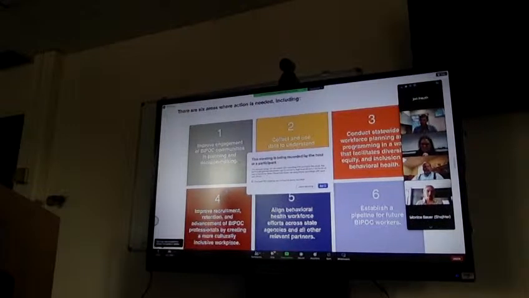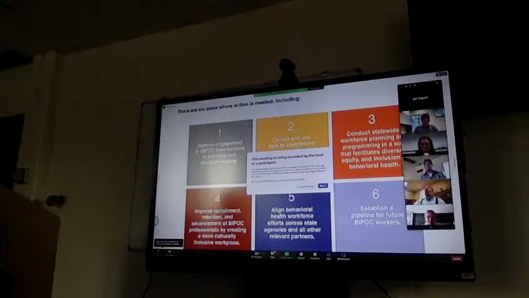So getting in with the different boards and doing interviews and speaking with the workers, getting down to grassroots on the ground, folks that are doing the work, and just hearing about their experiences and helping that with the decision making. 2, in yellow, as you see, was to collect and use the data to understand the behavioral health workforce needs related to race and ethnicity.